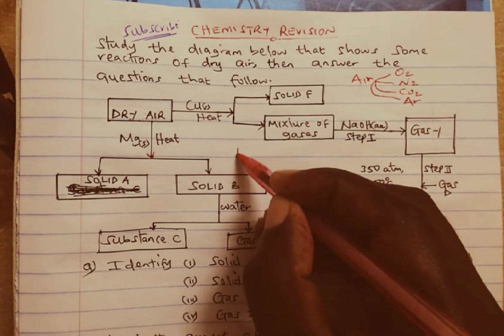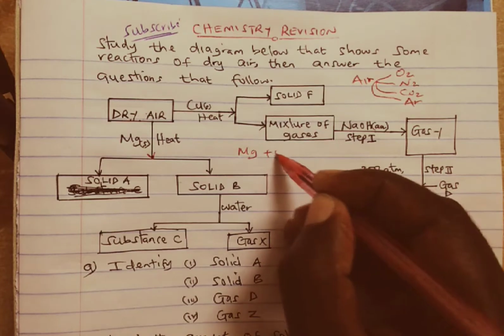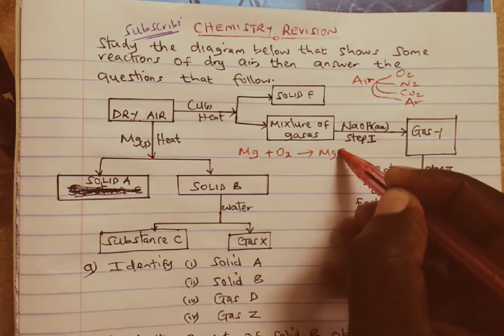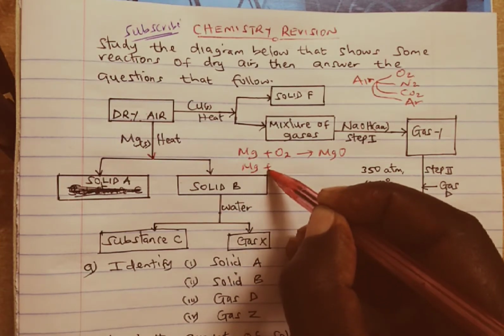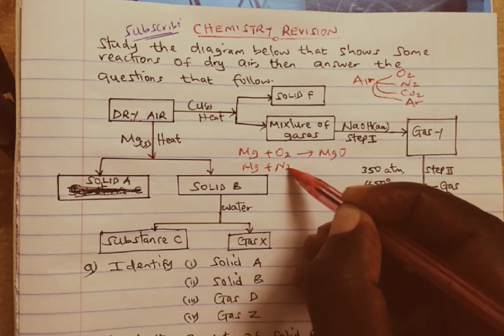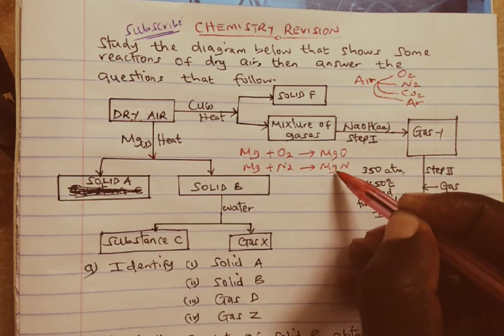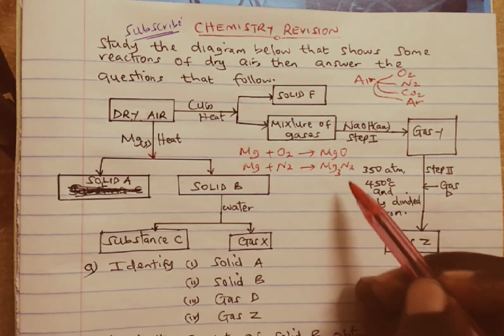So magnesium combines with oxygen to form magnesium oxide. Magnesium also combines with nitrogen to form magnesium nitride. That is, magnesium has a valency of 2, nitrogen has a valency of 3, giving us magnesium nitride.